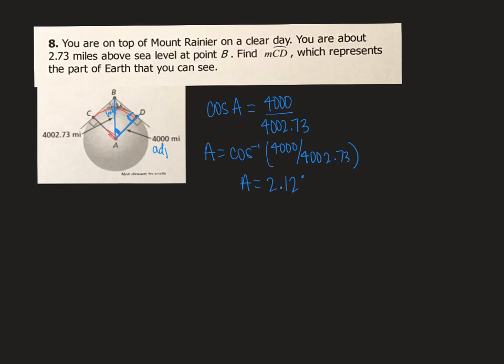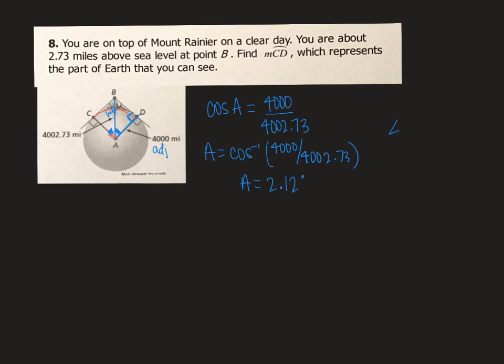Now, these two triangles, ADB and ACB, are congruent to each other because AC is also 4,000, AB is still the same, and if we did Pythagorean theorem, CB and DB are going to be the exact same thing. So we have two angles that are both 2.12 degrees.